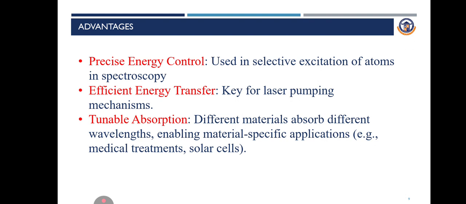As I already said, laser pumping moves electrons from the lower state to the higher energy state. When the electron moves from the valence band to the conduction band, then current flow occurs. The last one is tunable absorption. Different materials absorb different wavelengths, enabling material-specific applications, for example, medical treatments, solar cells, and so on.